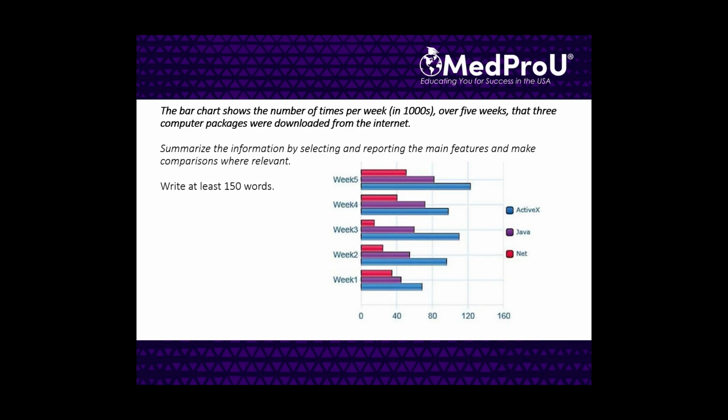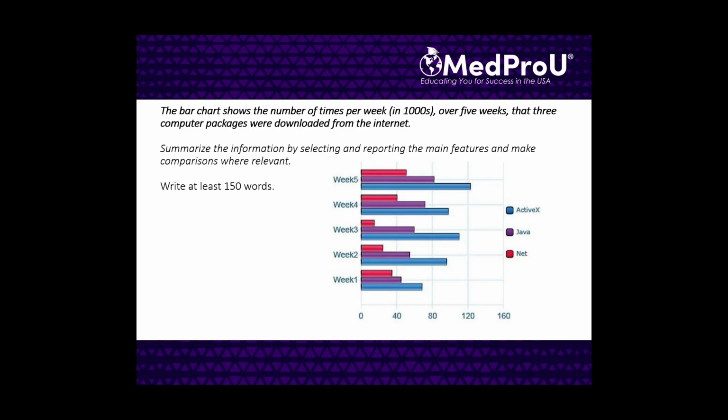Irene, the bar chart below illustrates weekly computer packages download from the internet over a period of 5 weeks. That's a good one. Peter, the bar graph elucidates the frequency of downloads in thousands of three computer packages over 1 month and 1 week. Instead of 1 month, sometimes 1 month is already 4 weeks or 5 weeks. You can just stick to 5 weeks.